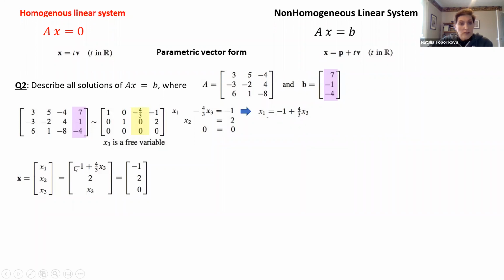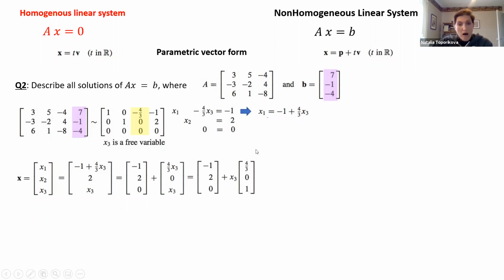So our first row will give us free term -1. The second gives us free term 2, and the third one does not have a free term, so we will put 0. And for the second vector, we will put all remaining terms with x3. The second row does not have an x3 term, so we will put 0 here. Okay, now we can go ahead and factor out x3 from this second vector.